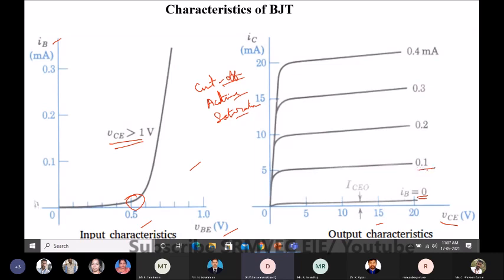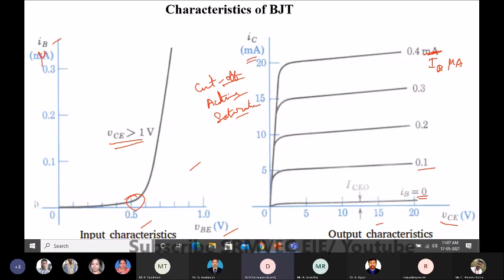Okay, so for example, 0.1 milliamps of your input IB. Usually the input IB will be in microamps. Keep that in your mind, because the input will be very low, whereas the output will be high, so you take it as milliamps in the output.